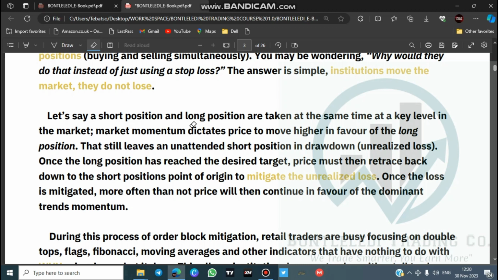Once the long position has reached the desired target, price must then retrace back down to the short position point of origin to mitigate the unrealized loss, right? Once the loss is mitigated, more often than not, price will then continue in favor of the dominant trend momentum.